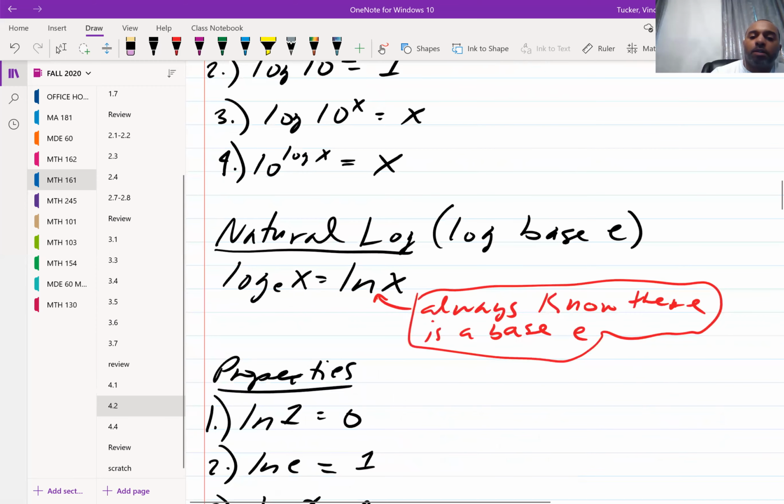So your natural log properties, all of them hold true as well. It's just that that's based on e instead of 10.